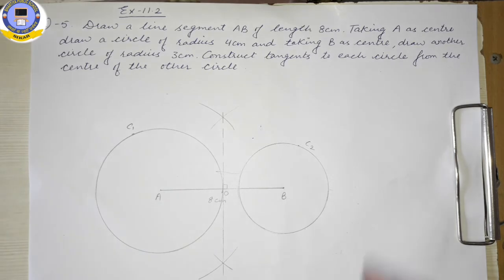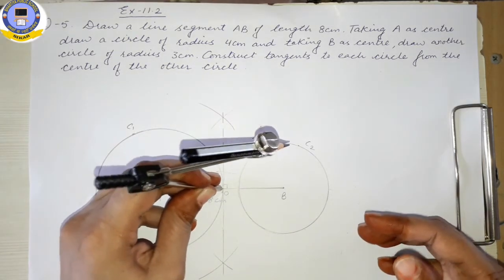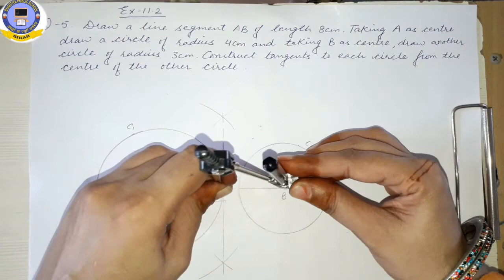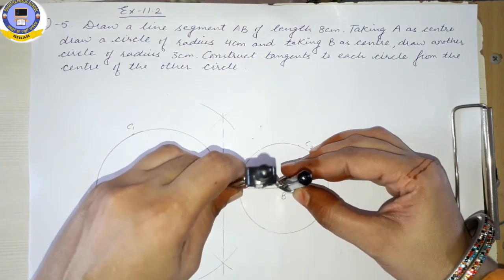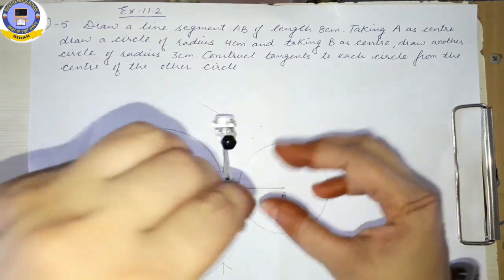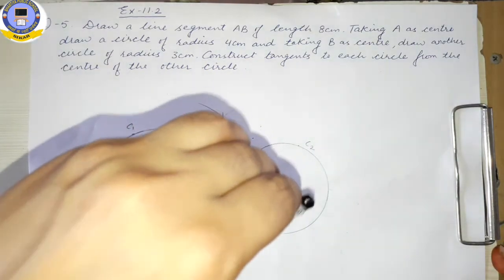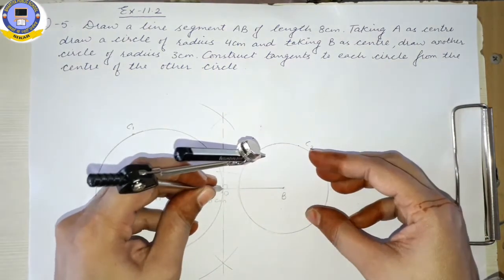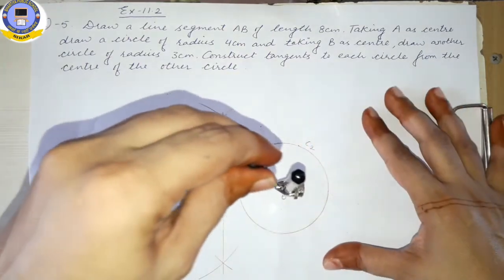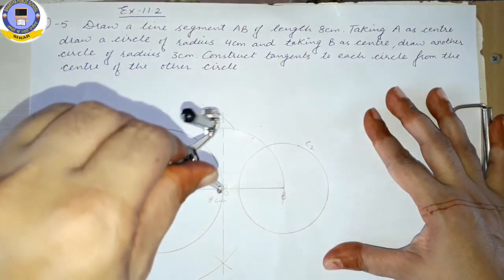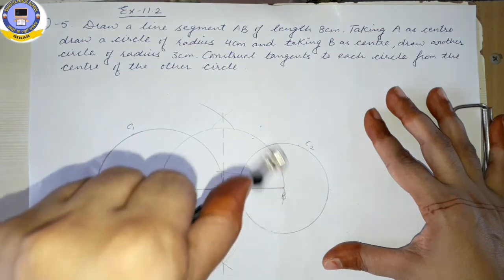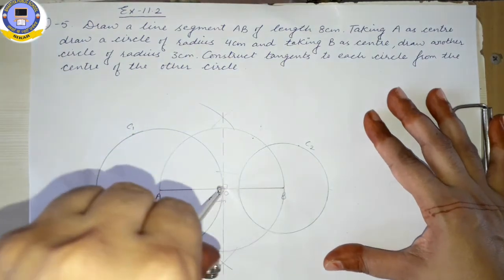Now taking O as a center and OB as radius, either OB as radius or OA as radius, both are same thing. We'll draw a circle. We'll draw a circle taking O as center and OB as radius. You can take OB as radius or OA as radius.